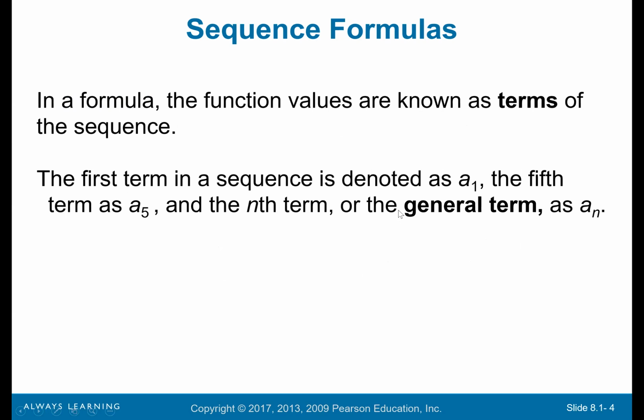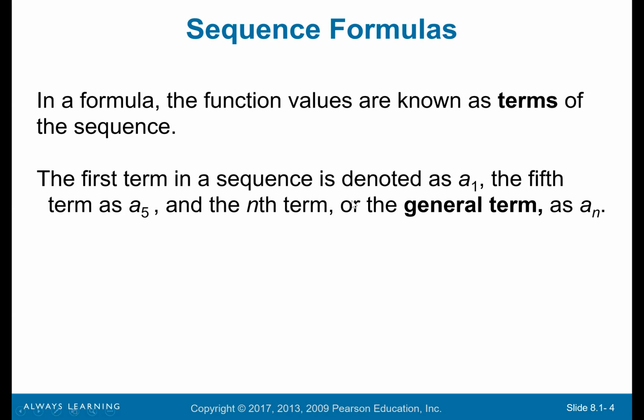In a formula, the function values are known as terms of the sequence. And so the function values mean the y-coordinates of the function. Which term it is are the x's. So the first term, x would be 1.